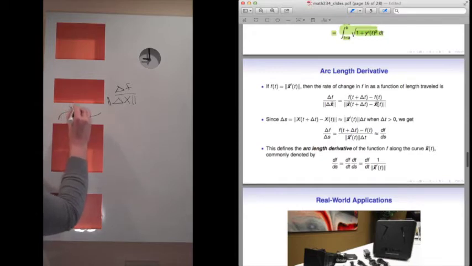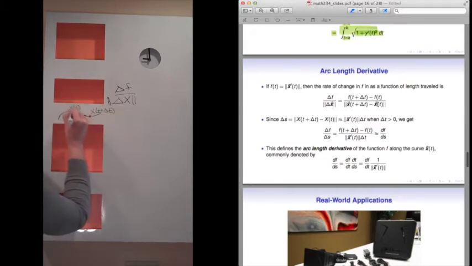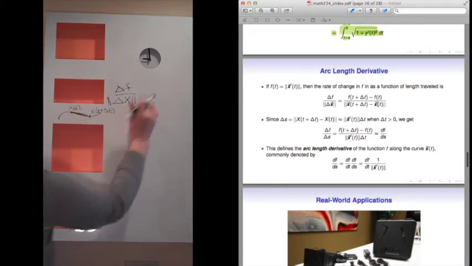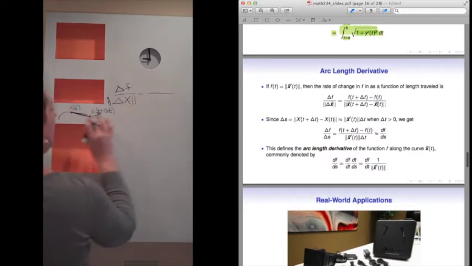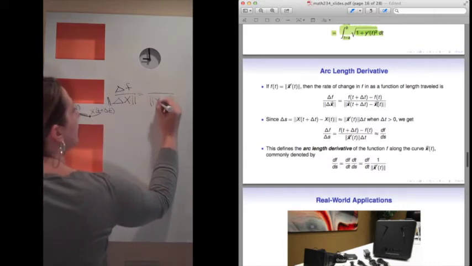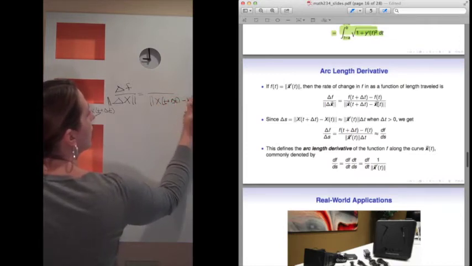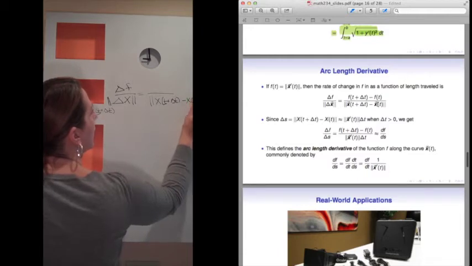If I have this point x of t and this point x of t plus delta t, what is this distance here? That goes in the denominator: x of t plus delta t minus x of t, and we take the distance.